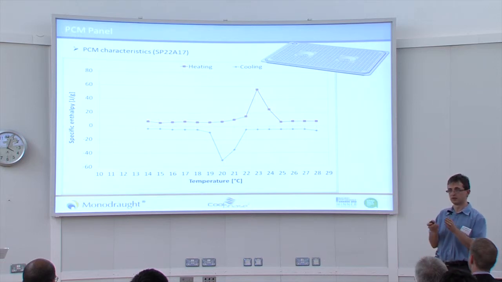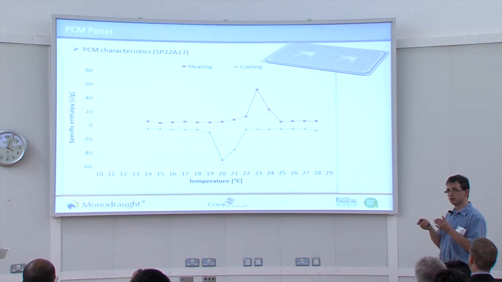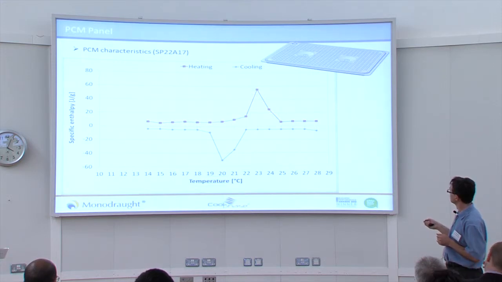In case of phase change, we have a bit of shift. And if we want to use this capacity, we really need to cool down the PCM to the end of the solidification process, so to about 18 degrees. And when we are melting, it's completely melted at 25 degrees.